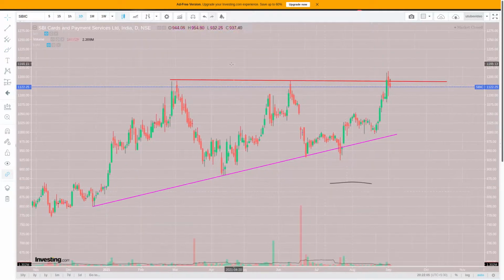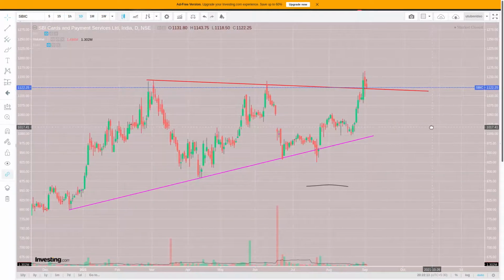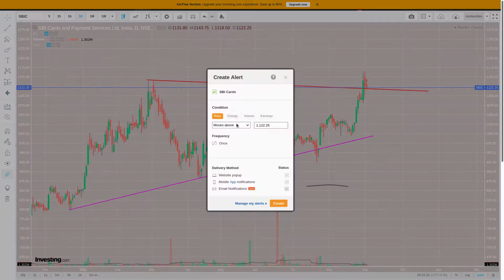Look, this breakout barely managed to hold. Even if it's now trying to retest, if it gives a closing below 1000, say just 20 points below where we are right now.